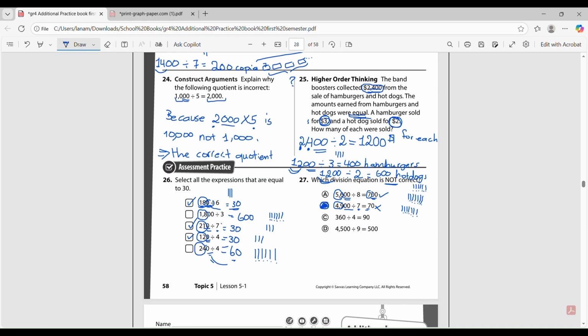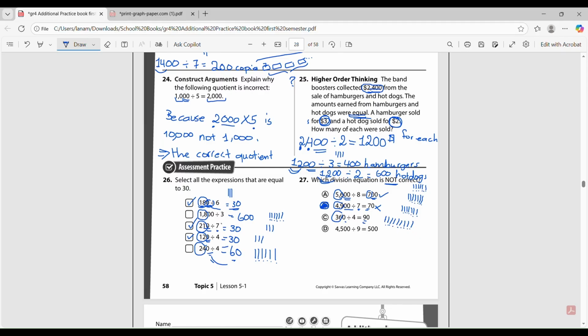C, I have 360 divided by 4. I will look at the 36 and divide it by 4. I will skip count by 4: 4, 8, 12, 16, 20, 24, 28, 32, 36. 1, 2, 3, 4, 5, 6, 7, 8, 9. 9, this is correct.